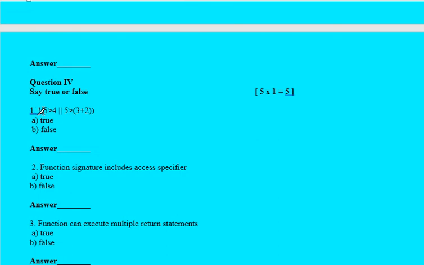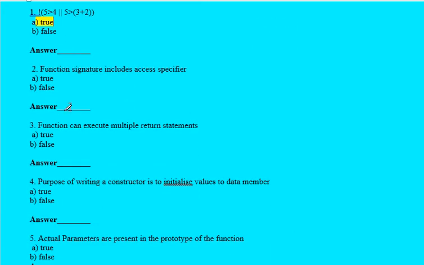State true or false. 5 is greater than 4 or 5 is greater than 5. So actually 5 greater than 5 is false, but with or the answer becomes true. Function signature includes access specifier.